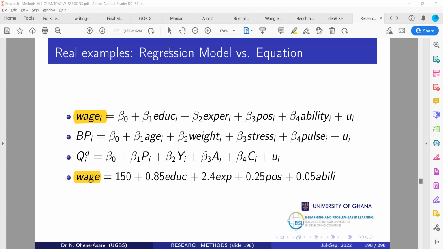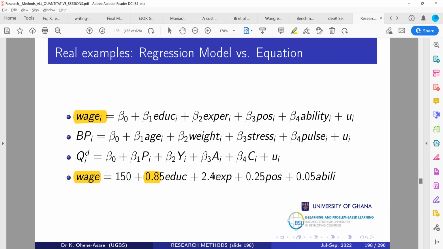Okay. No, I mentioned earlier that the numbers could be different in terms of what they are measuring. For example, if education here is measured in years, then 0.85 will not even be 1 year. If experience is measured in months and not years, then 2.4 wouldn't be much.